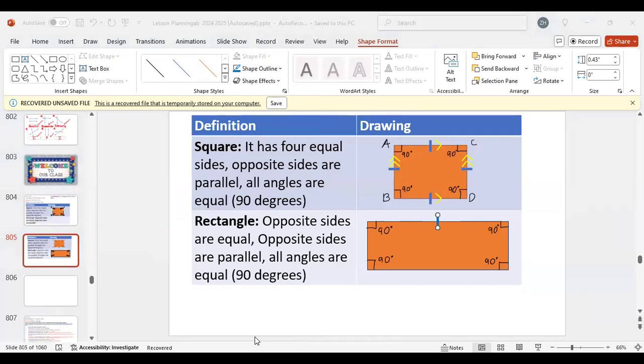Give me one moment. Okay, good. So we're gonna add all of our lines. What does the line indicate? That the sides are equal. The sides are equal.